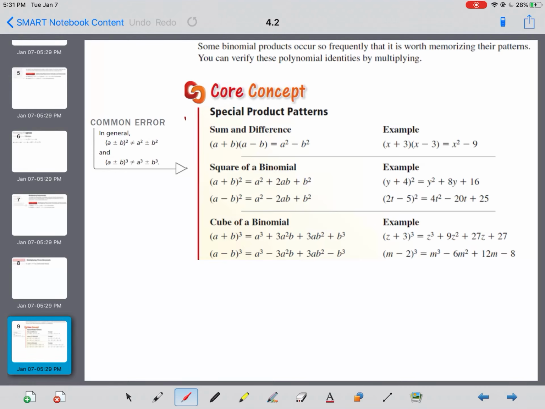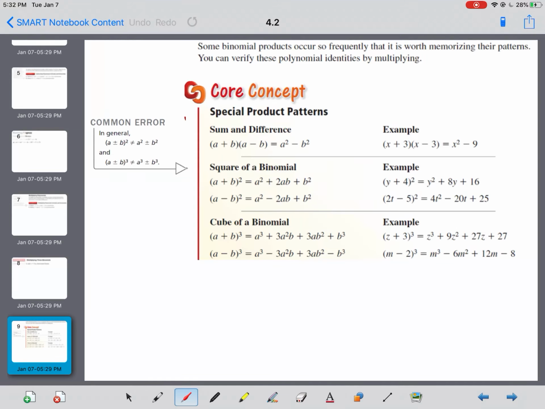It works even if it's in a different order, or you have a number in front of the variable. 2t squared, 2 squared is 4, t squared is t squared, so 4t squared. 2t times negative 5 is negative 10, times 2 is negative 20, negative 20t. Negative 5 squared is 25 at the back.